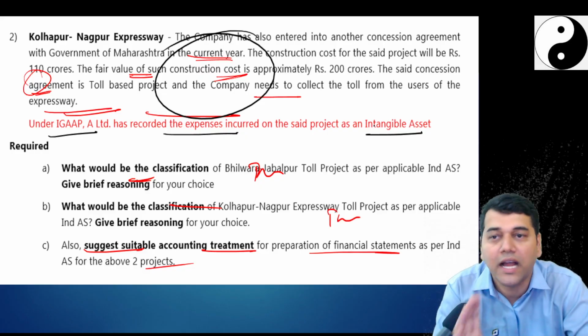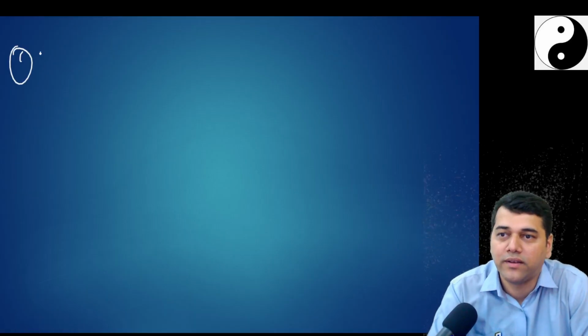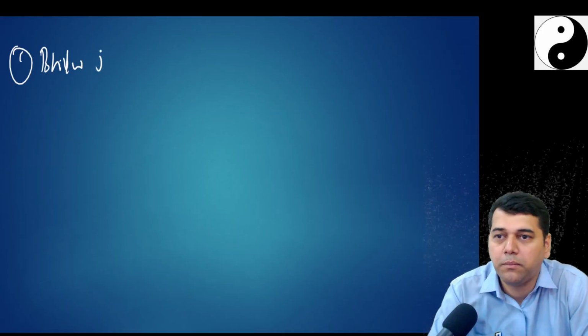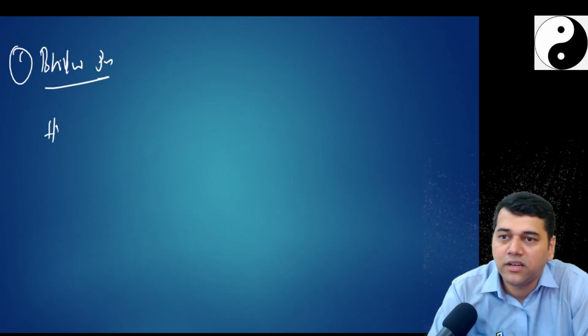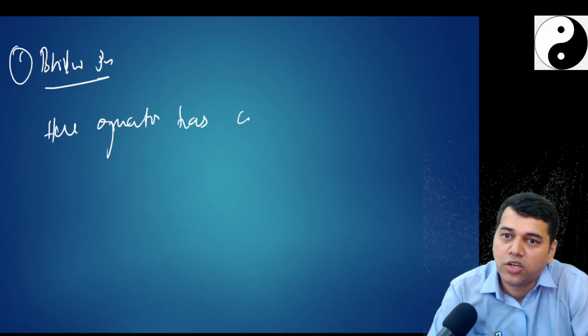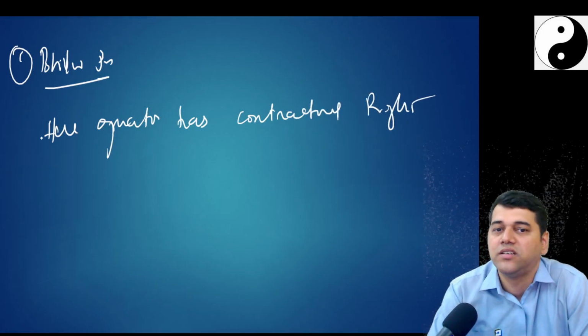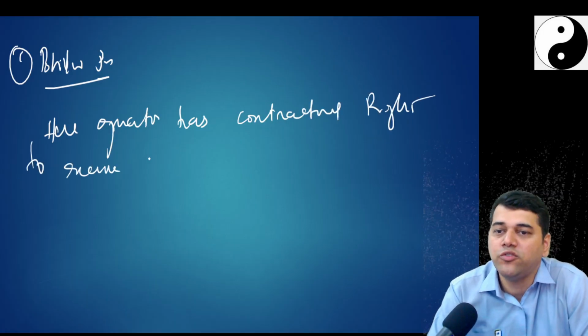Clear, no? Okay. They asked us the classification. Now I want to tell you what they do. Okay, one, Bhilwara project. Here the operator has a contractual right to receive cash, correct?